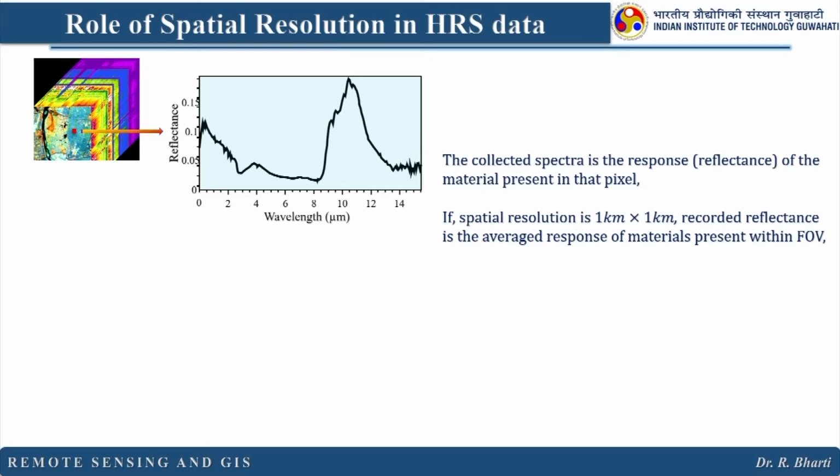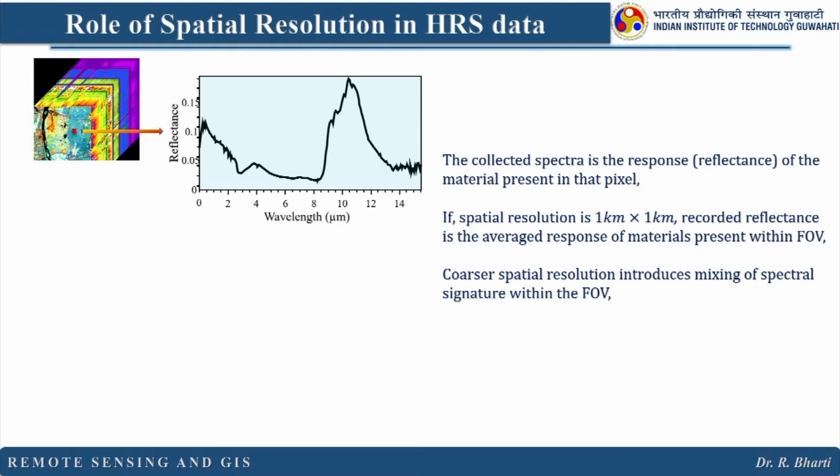So, field of view means for that detector how much area it is seeing on the ground, right. So, this is the field of view. Collectively, for an image the field of view is something different; for a detector we call it IFOV, right. So, here the spatial resolution plays a very critical role in hyperspectral remote sensing.